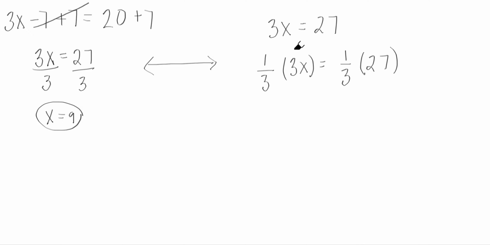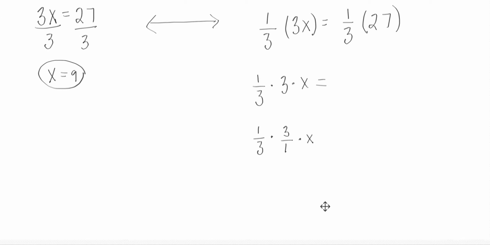So just looking at this left side, 1/3 times 3x, that's the same as 1/3 times 3 times x. And then what we can do here to multiply these is realize that this 3 is the same as 3 over 1. So all we're doing is 1/3 times 3 over 1 times x.